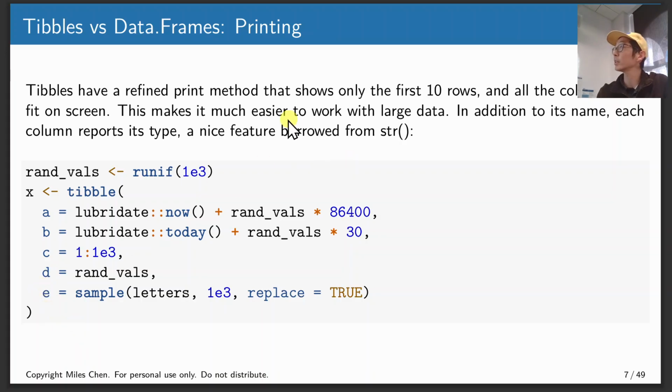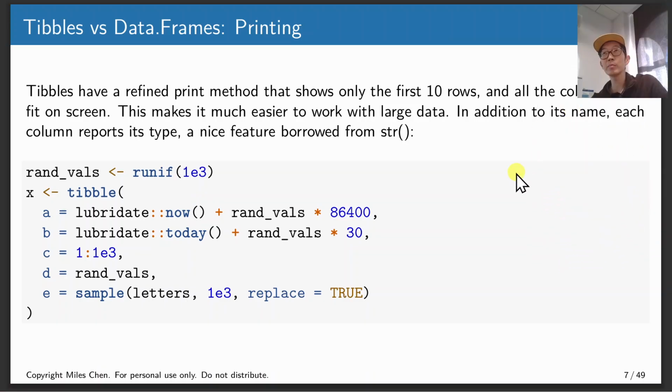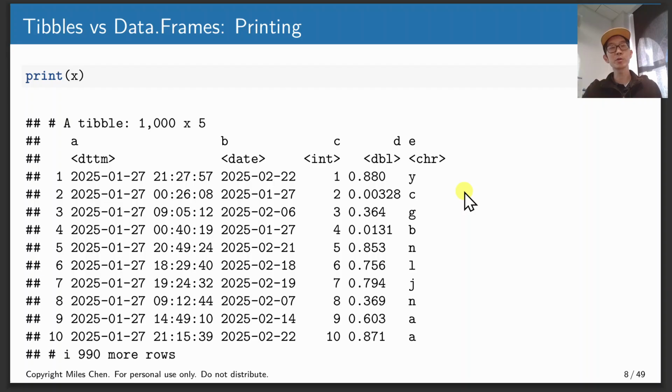When you work with tibbles, their print method only shows the first 10 rows and only the columns that fit on the screen. That makes it nicer to work with large data. I don't know if you've ever had the experience in R where you have a data frame, and you print the data frame name, and it dumps a whole bunch of stuff on your screen, and it's hard to even navigate. Tibbles basically avoid that.